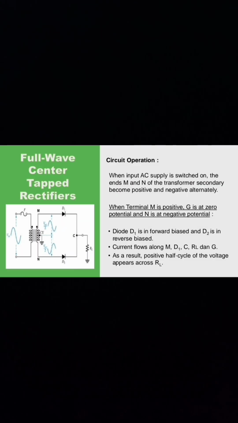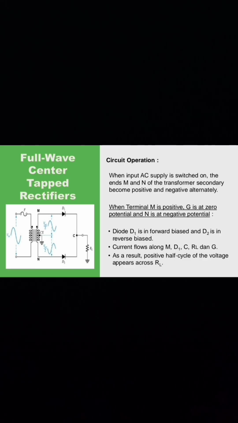And the second one is full wave rectifier. When input AC supply is switched on, the ends M and N of the transformer secondary become positive and negative alternately. When terminal M is positive, G is at zero potential and N is at negative potential.